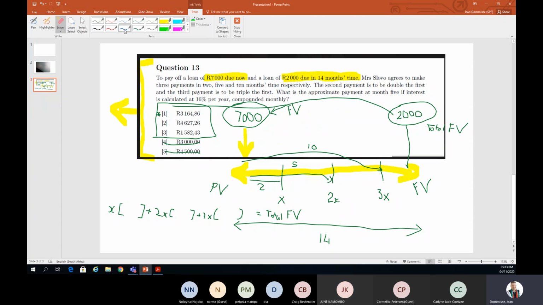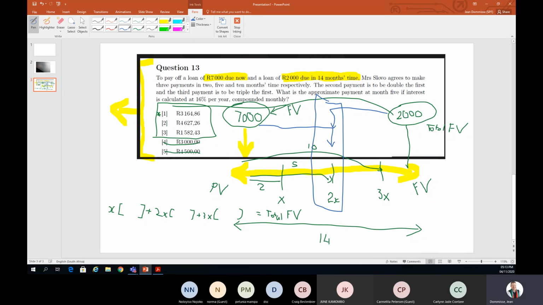So what they said was, let's move everything. We move the 7,000 to month 5. We move the 2,000 to month 5. We get a value, and that will then probably be equal to 2x.